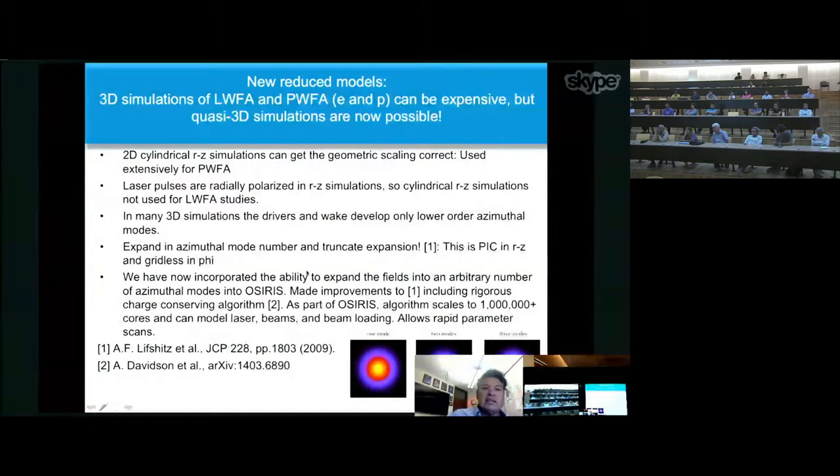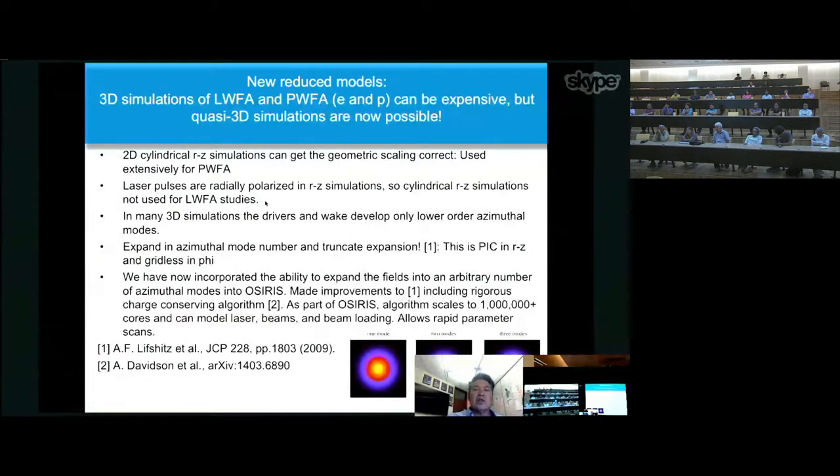And the idea is that you can't use an azimuthally symmetric code to study lasers because those are radially polarized lasers. So if instead you expand the fields in azimuthal harmonics, you only need one azimuthal harmonic to describe a linearly polarized laser beam. So if you truncate the expansion, you can write a PIC code for studying lasers where their spot size remains azimuthally symmetric.